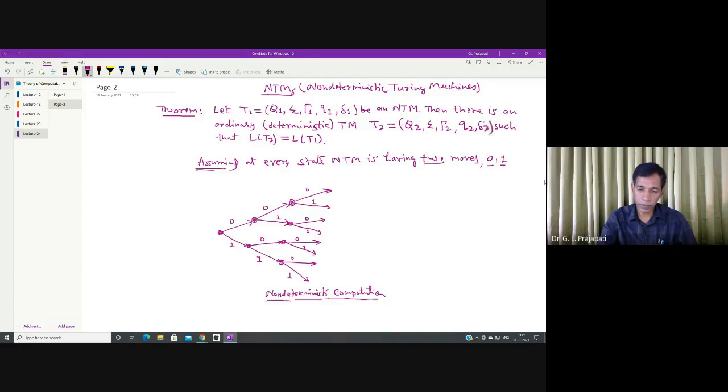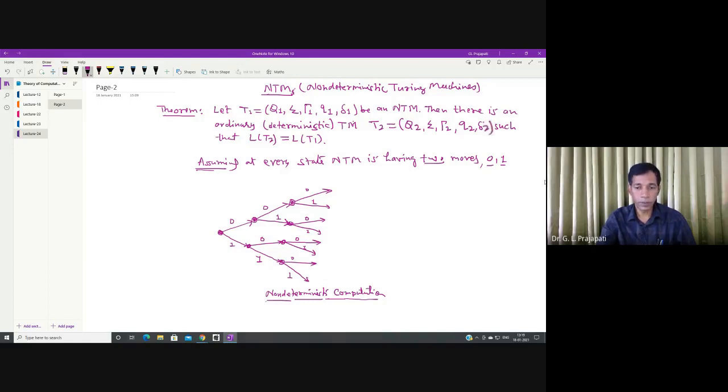If you have two choices, then it can go for the move number 1 and reach this configuration. Otherwise, if your Turing machine makes the moves 1, then 1, then it can go for the move number 0, and the Turing machine is at this configuration. If the Turing machine goes for 1, then 0, then 1, then it is in this configuration.